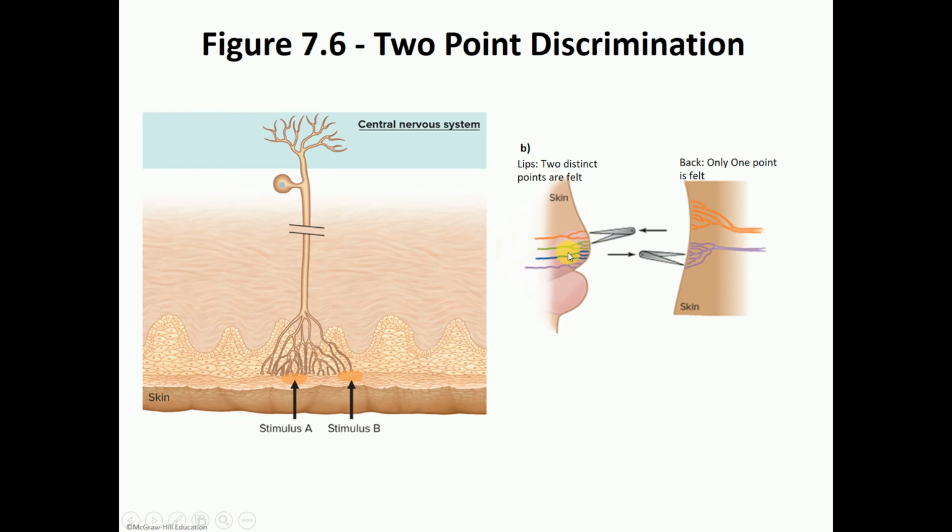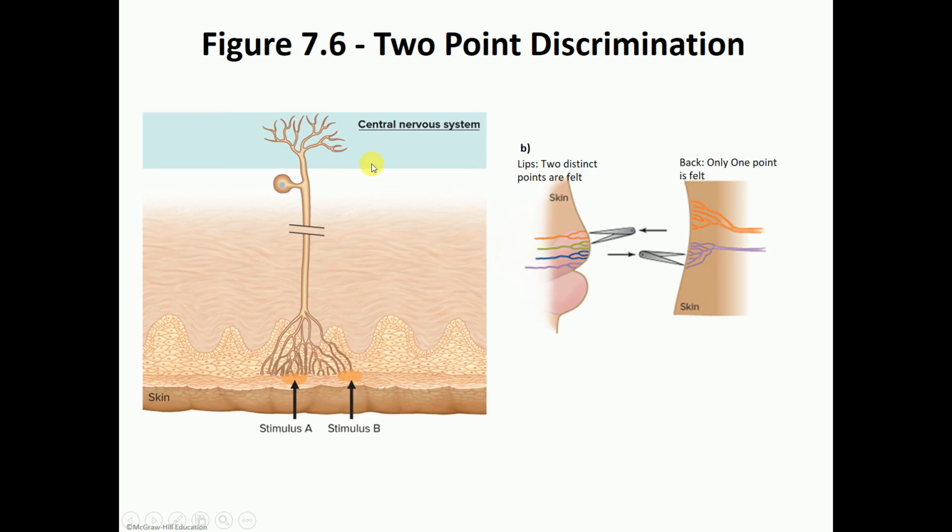And that will be interpreted in the brain as 2 points. So this individual will feel that there are 2 points, while here that person will not be able to discriminate between the 2 points. That person will think that they're only being pricked in 1 point. Because again, both of them are stimulating the exact same sensory neuron.